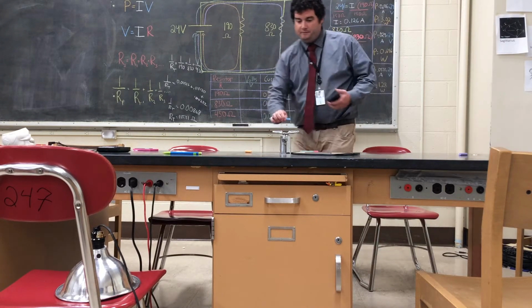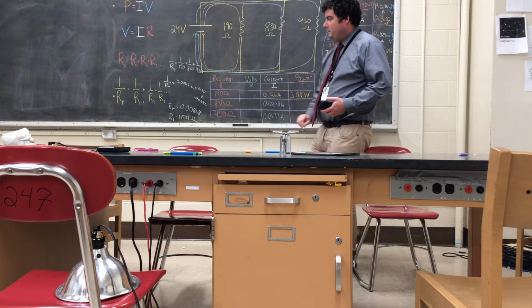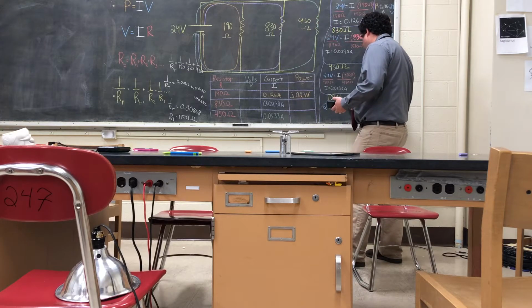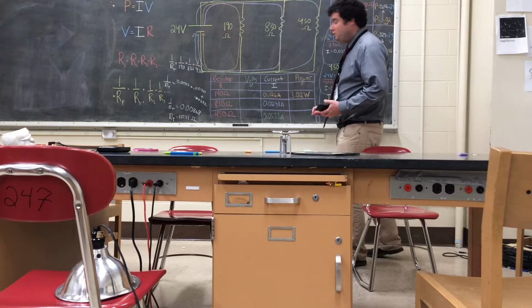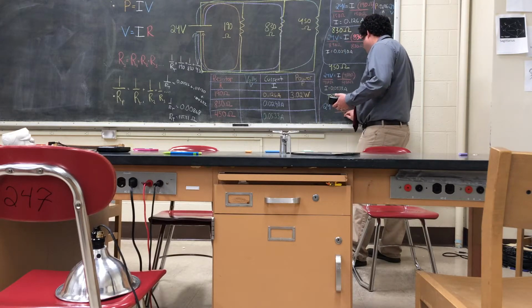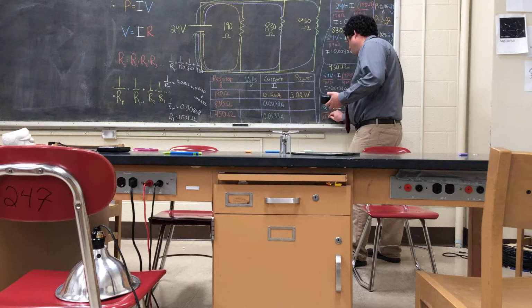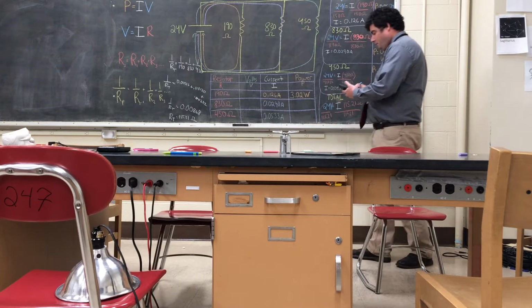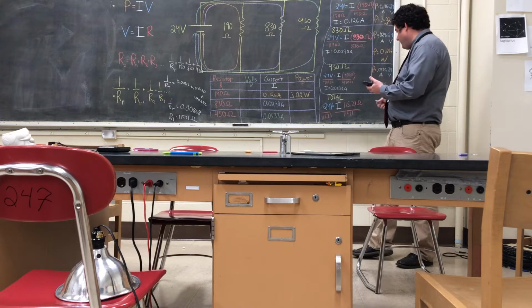The current is I. The resistance is 115.21 ohms. So we'll just divide both sides by that. And we get 0.208 amps.